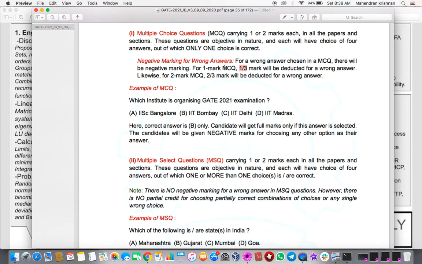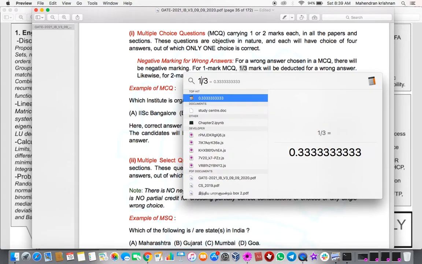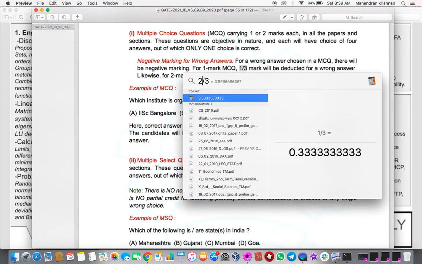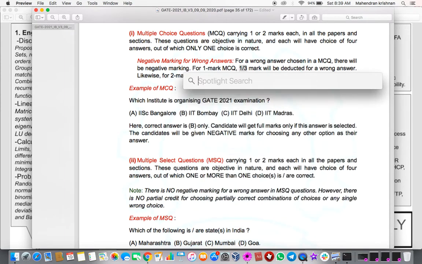I mean, for a 1 mark question, one third means 0.33. For a 2 mark question, two third mark. Two third into 2 mark is what? 1/3 is 0.33, right? So 0.66.